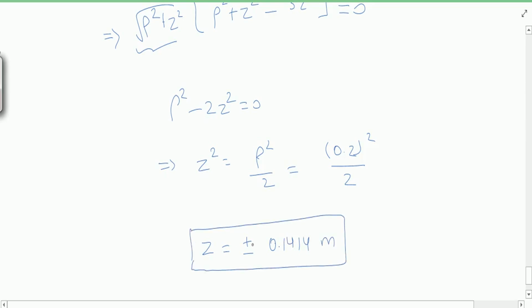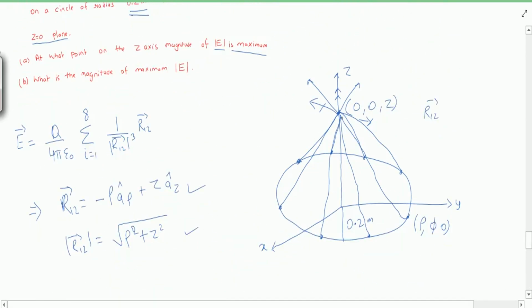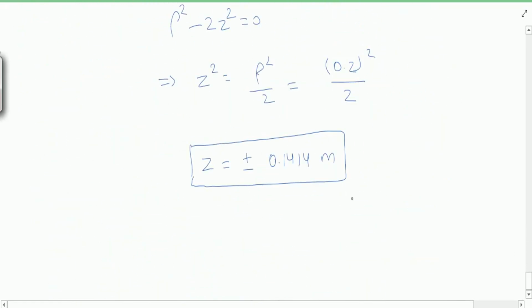Now why is there plus or minus? Because it will have one point over the xy plane, on the positive z axis, and also one more point on the negative z axis at the same distance. That's why the plus minus is there. So this is the answer to the first question, that is, what is the point.